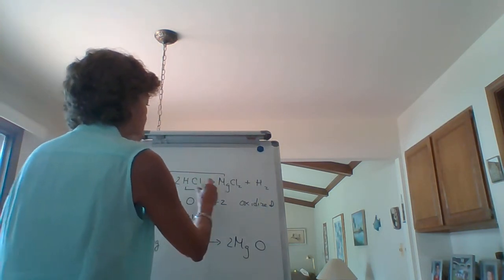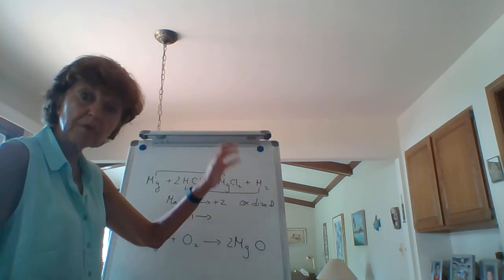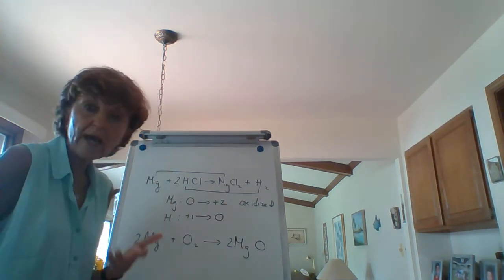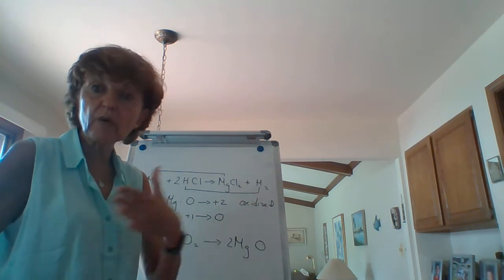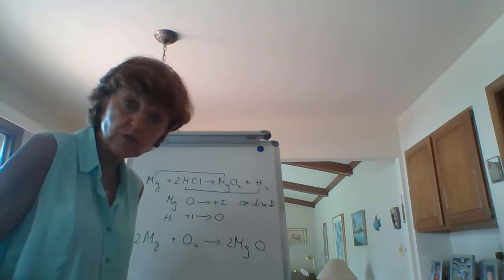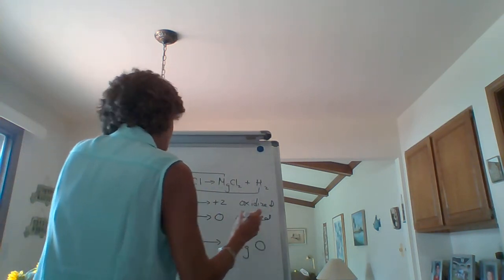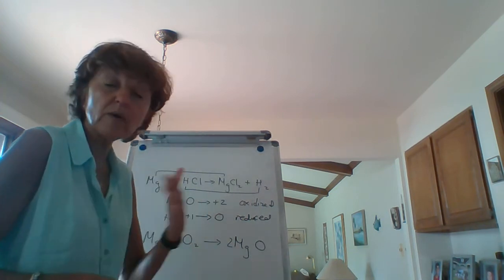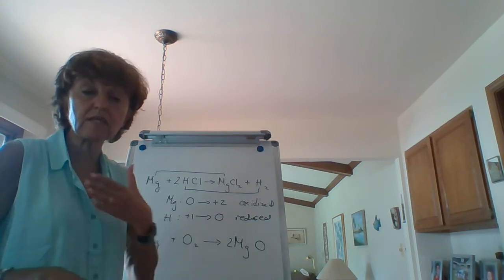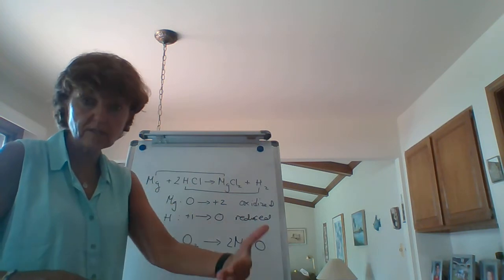And then what happened to it over on this side? Now it's an element all alone by itself, not an ion, it's 0. So the hydrogen's oxidation number went down. Anytime the oxidation number goes down, it gets reduced. It went down because it gained electrons. So anytime an element is reduced, it's because it gained electrons. Anytime an element is oxidized, it's because it lost electrons.